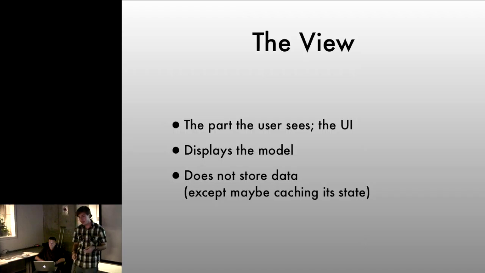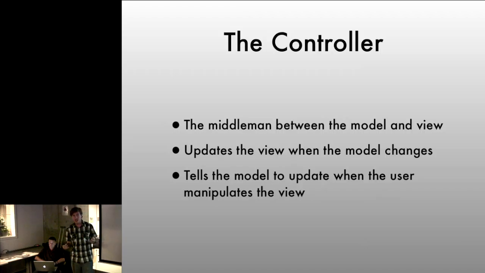It then displays that on the screen. And in between those is the controller, and the controller's job is to be this middleman. Anytime the model changes, it tells the view, hey, you need to refresh. Anytime the user does something on the view that hopefully is going to change something in your model, the controller will say, hey, something happened, go change the model for me, please.